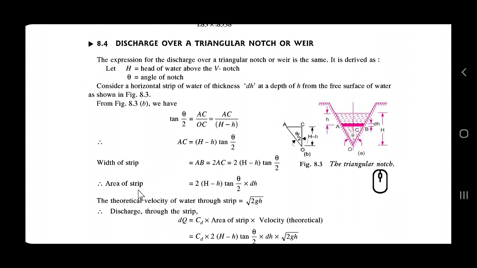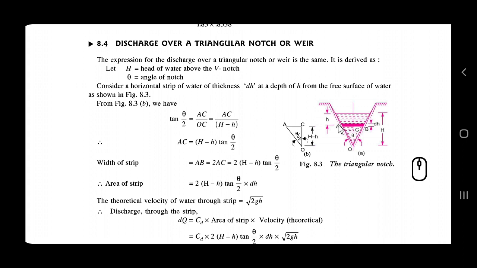So the area of the strip is equal to 2 into H minus h, tan theta by 2, into dh. dh is the depth of this strip. Since it is very small, we can consider it as a rectangular shape.